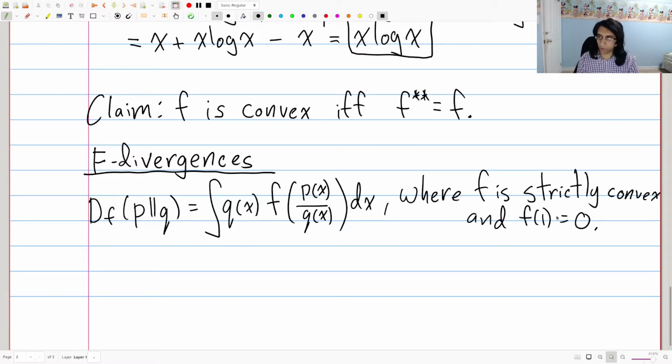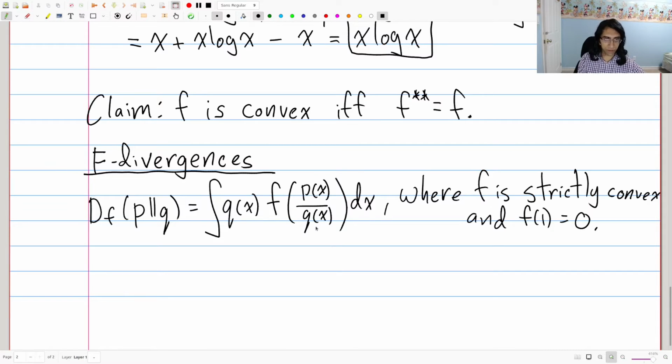So yeah, hopefully you remember the definition of convexity, what it means for a function to be convex. Well, we're going to need that our function f is going to be strictly convex. And furthermore, if you plug in 1, then it's going to be equal to 0. And yeah, we'll see why in an example in a second, why this f(1) equal to 0 is helpful. But the main idea is that this measures distance between two distributions.